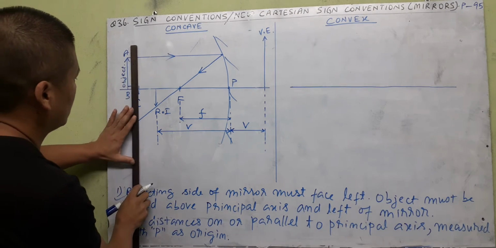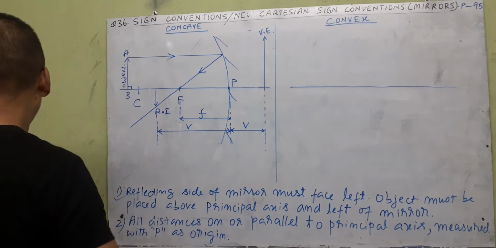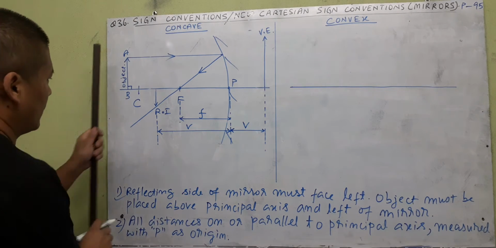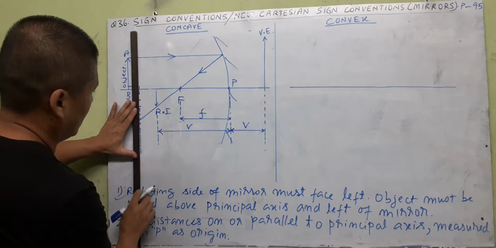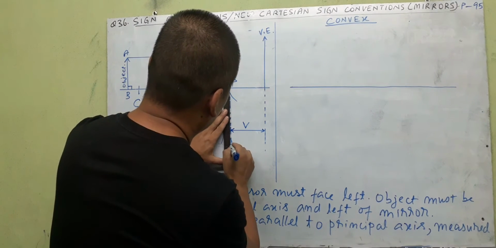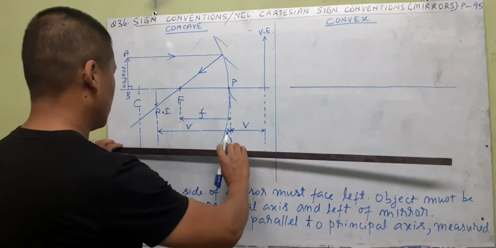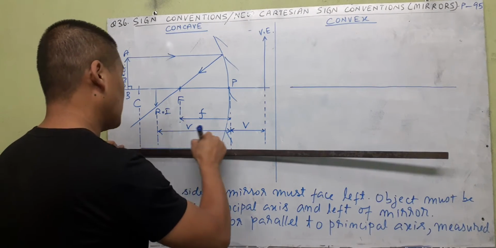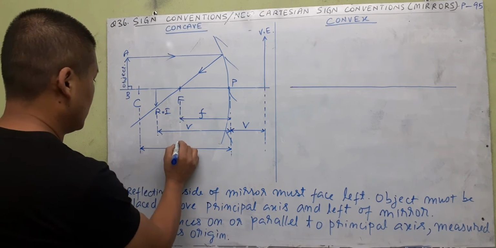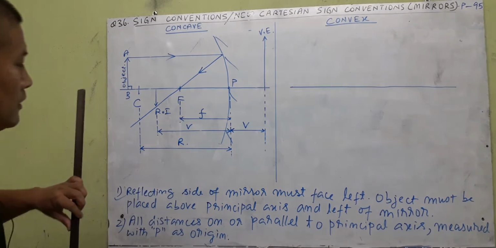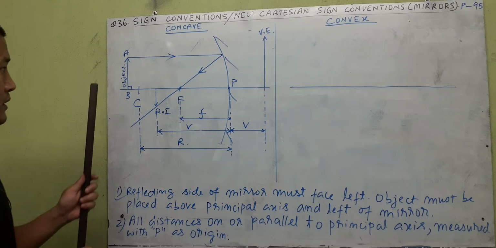Then one more is here, the distance between C and P. All distances are measured from P, okay? This distance between C and P is called the radius of curvature, right? We have learned this in our previous classes.